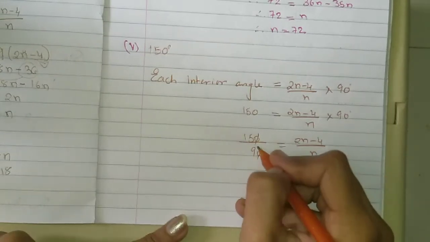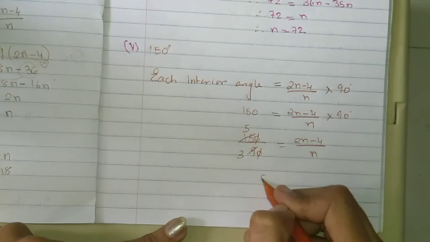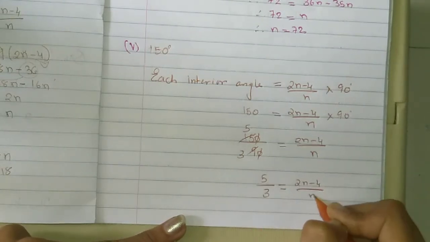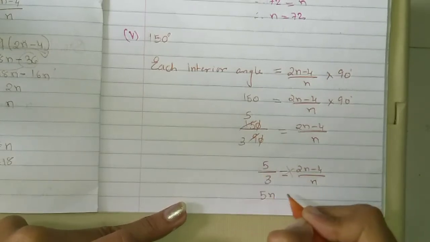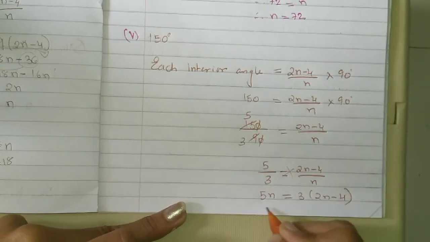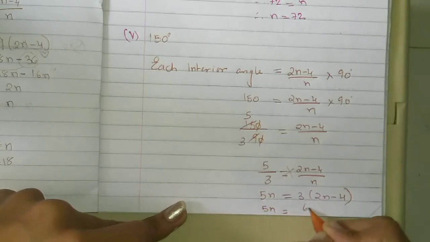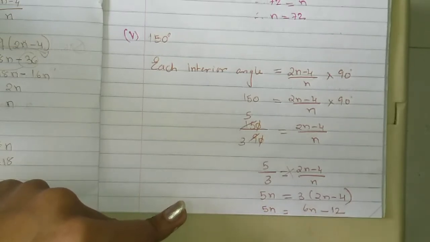So 3 3s are 9 and 3 5s are 15. So 5 upon 3 equal to (2n minus 4) upon n. Now cross multiplication. So 5n equal to 3 (2n minus 4). 5n equal to 3 2s are 6n minus 3 4s are 12.